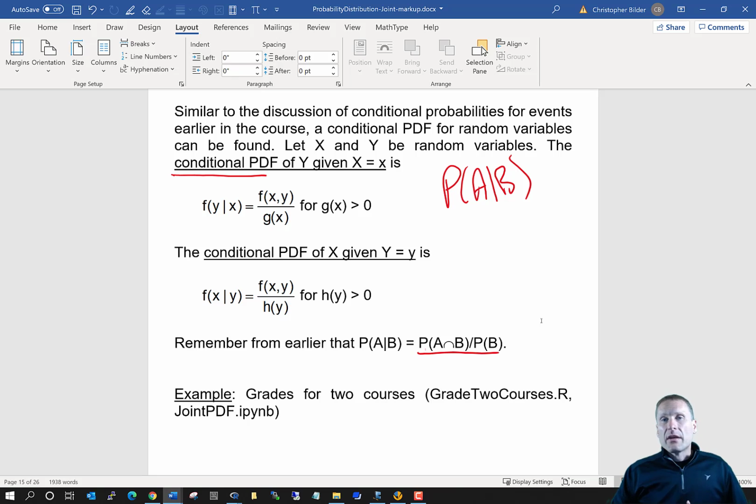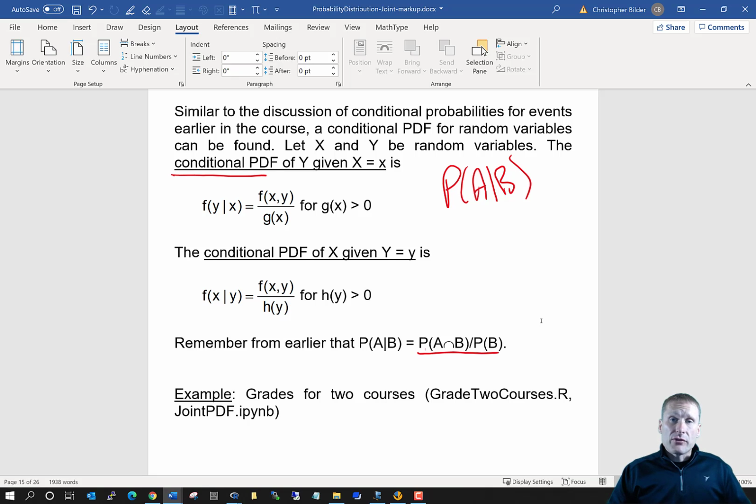For example, let's relate this back to, let's say, the math and stat course. Suppose you get a score of 80% in your math course. Given that, that says something about perhaps how you would do in the stat course, since math and stats is somewhat related. And if you do good in your math course, then what's your probability distribution with respect to your stat course?